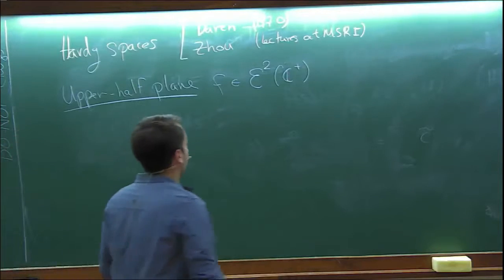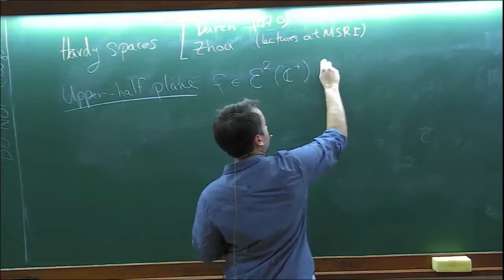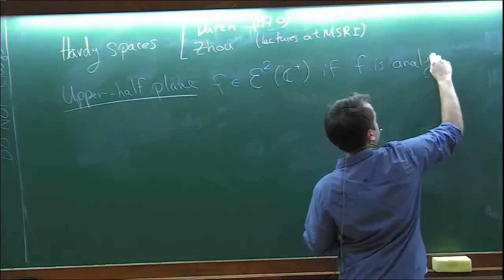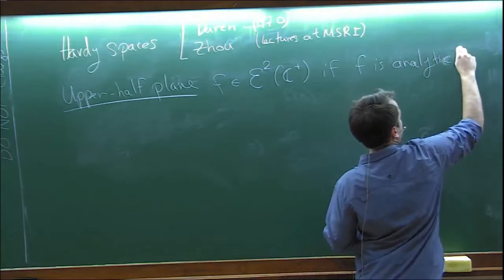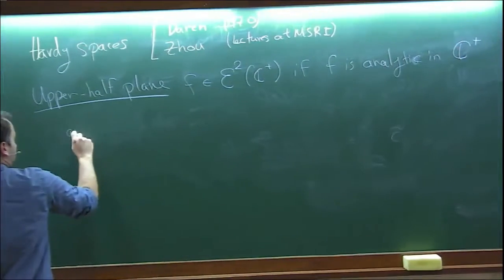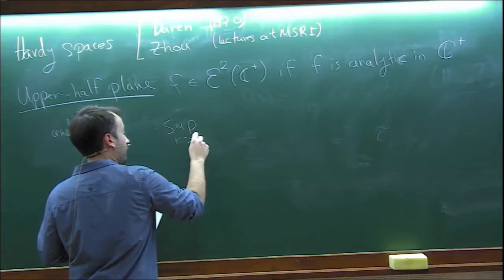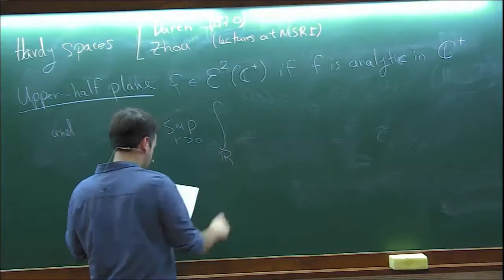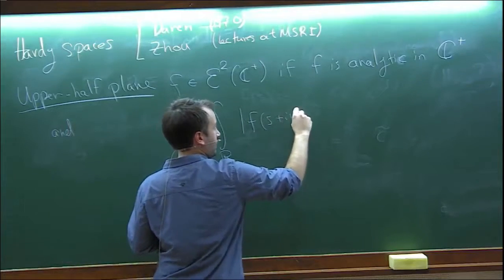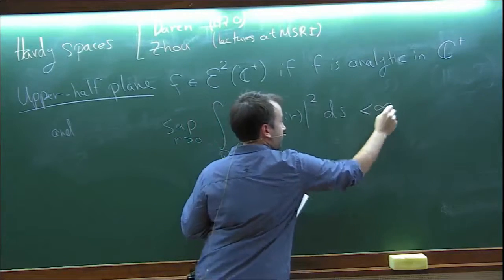So F is in E2 of C plus, the upper half plane, if F is analytic in C plus, and we have an estimate that the supremum over all R positive of the integral over R of F shifted up by an amount R is finite.